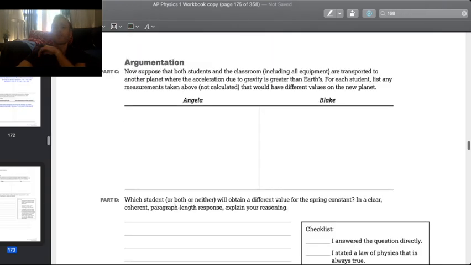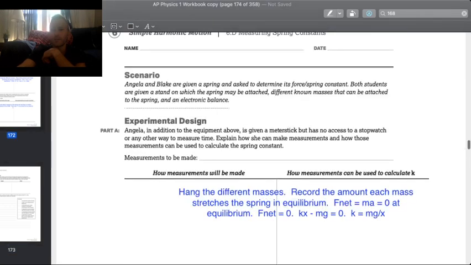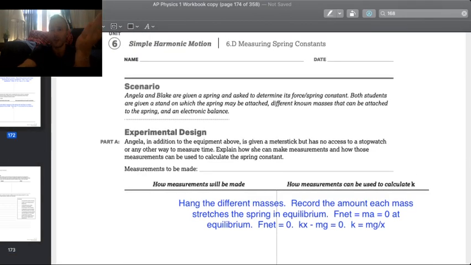All right. Now suppose that both students and the classroom are transported to another planet where the acceleration due to gravity is greater than Earth's. For each student, list any measurements above that would have different values on the new planet. So notice how if you go to a new planet, it's new gravity.